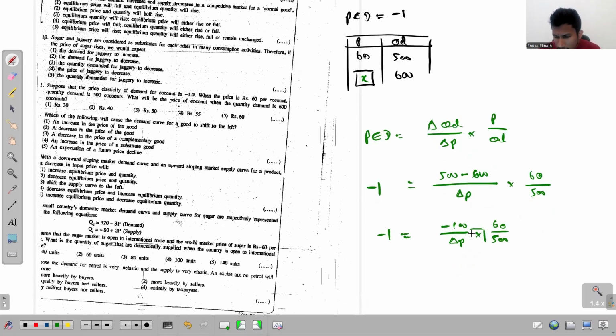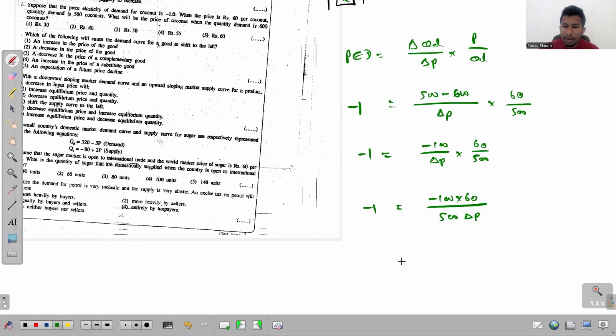Since this is a multiplication, we can combine the two fractions, right? We can take them to a single fraction. So it's -100 into 60, and the other one is 500 into delta P, which is equal to -1, right? So then what will happen?